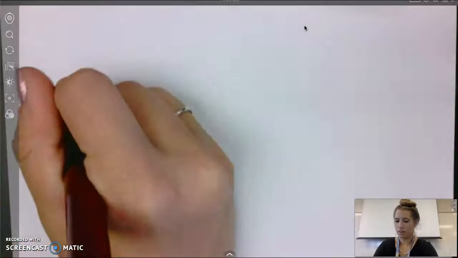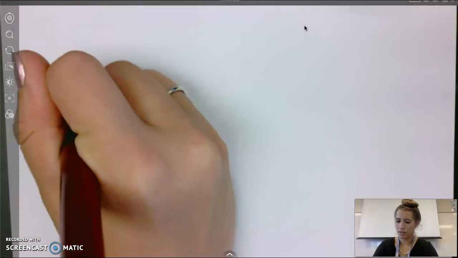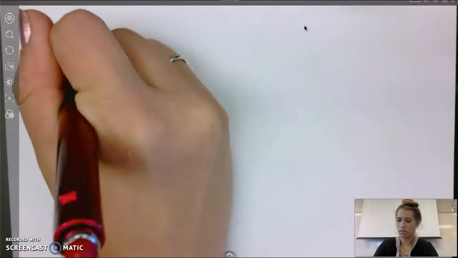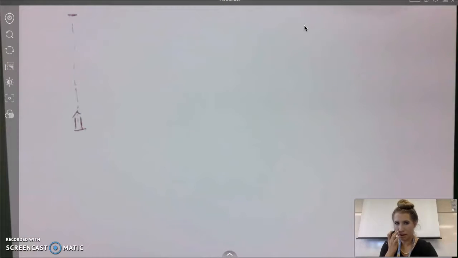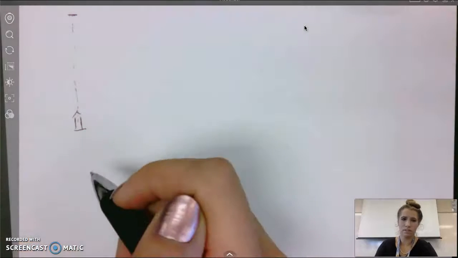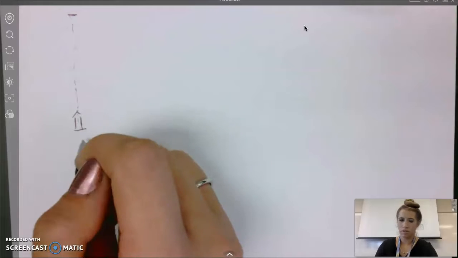We have our rocket and it launches, and at some height into that launch, the rocket boosters release. I think they said 20 seconds into the flight. Okay, so there's my image.